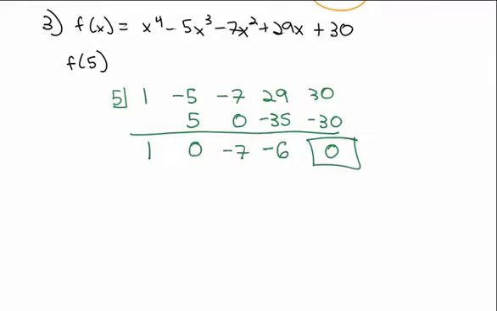However, this is interesting, and I want to pause here and look at this. f of 5 is 0. That means when x is equal to 5, we have a y value of 0, or an x intercept.